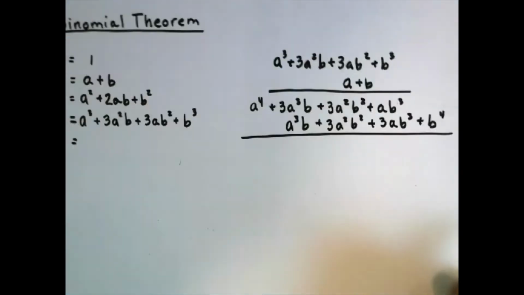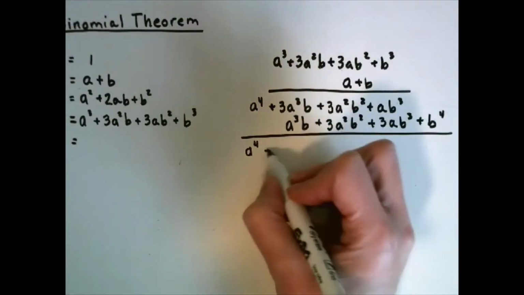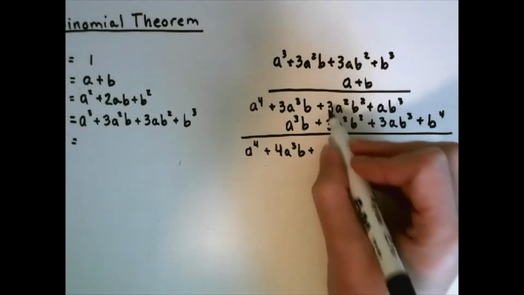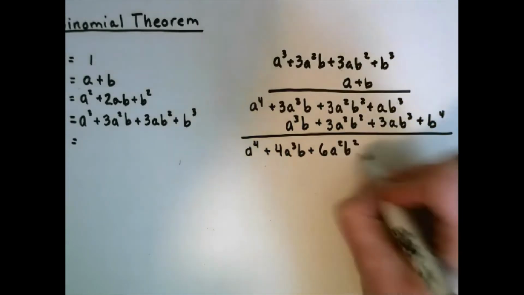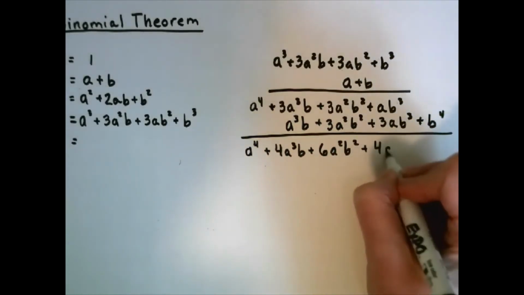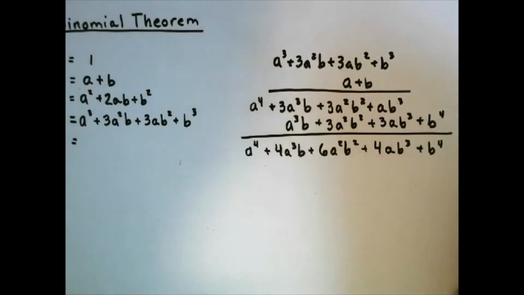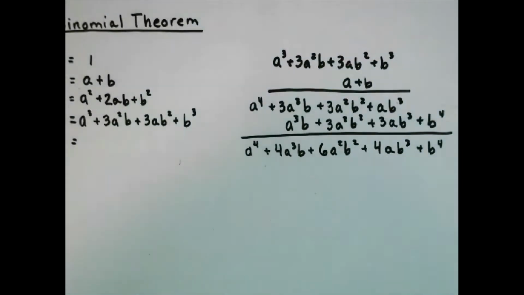Then I can add all these up. So a to the 4th, 3 and 1 gives me 4a cubed b. 3 and 3 gives me 6a squared b squared. 4ab cubed and b to the 4th. As we increase the power, the algebra here is getting a little bit more painful.